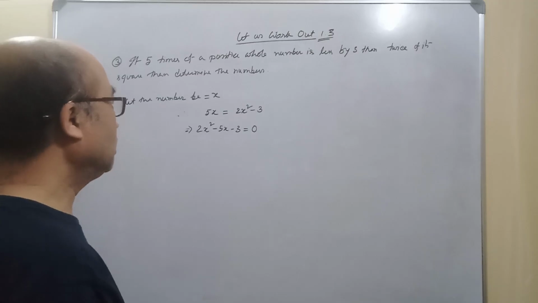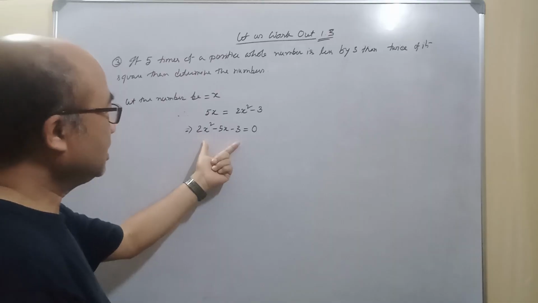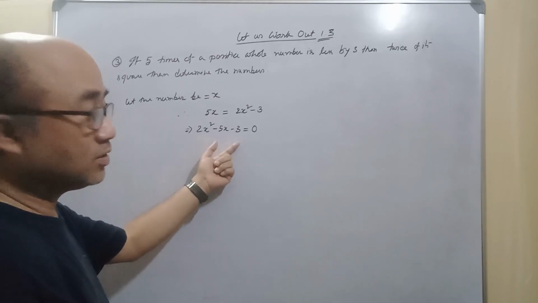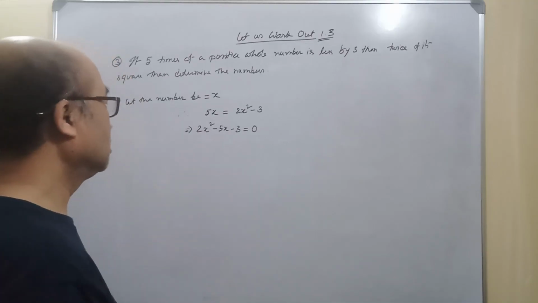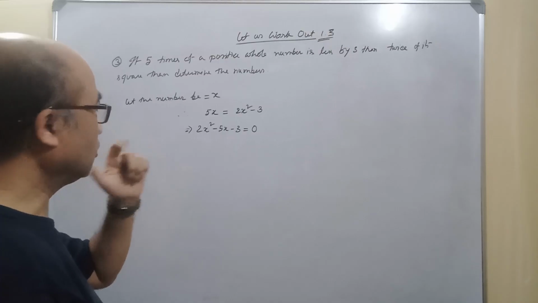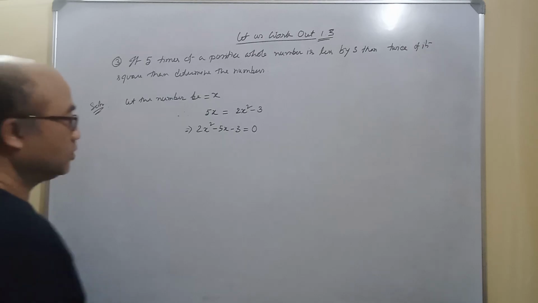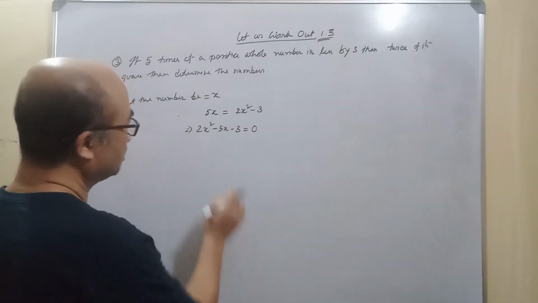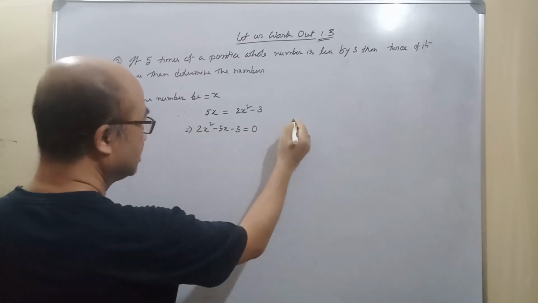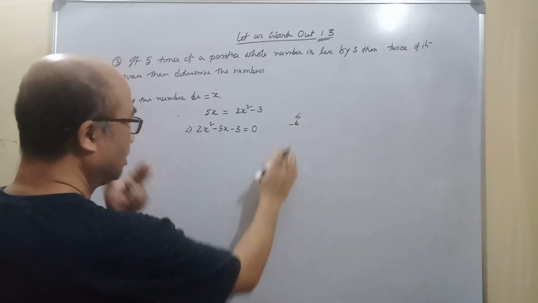So we can solve it by completing the square, or factorization, or by the quadratic formula. So let us do it by completing the square. No, factorization. Let us use factorization to solve this. The procedure for that is, first multiply a and c, you get minus 6, and b is minus 5.